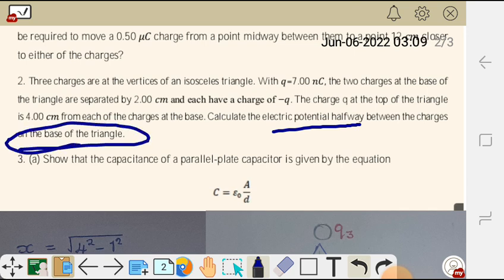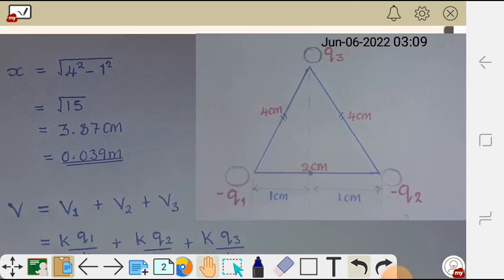So, halfway in between the charges at the base. We have these 2 charges here, and they're asking us to find the electric potential at the point halfway.